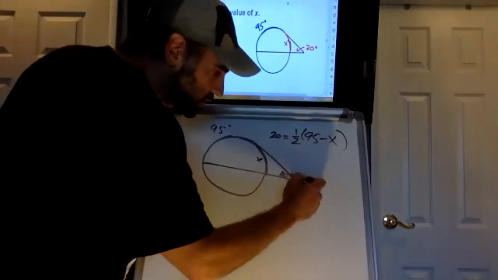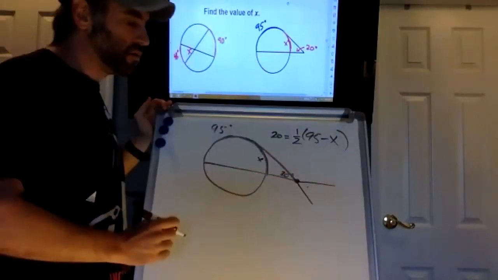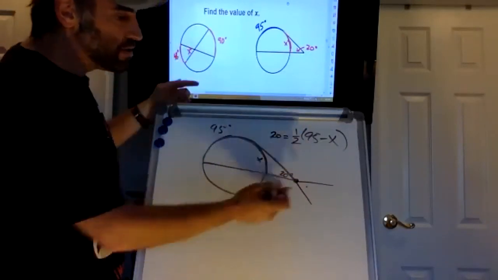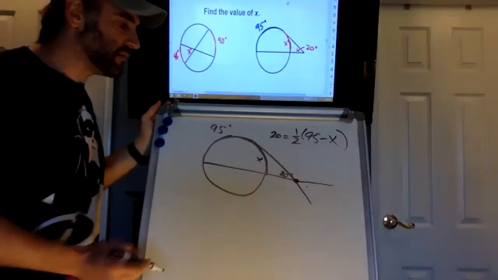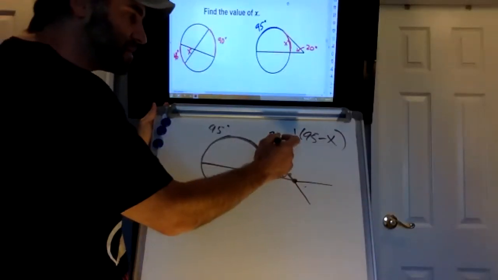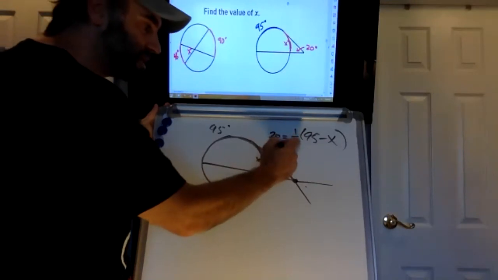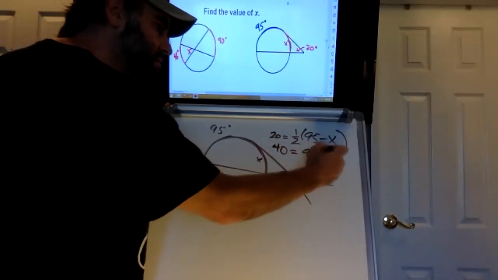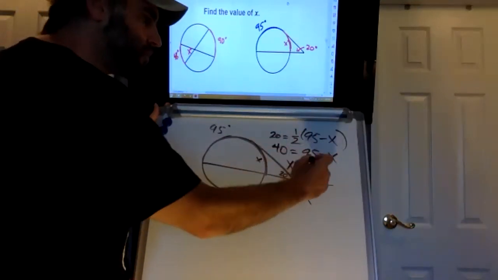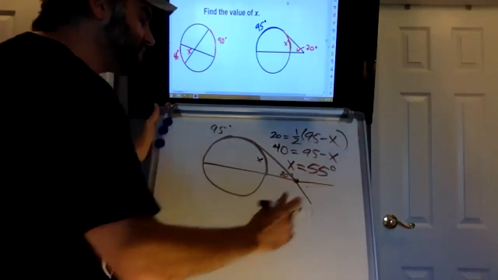By the way, there could be a vertical partner over here if you crisscross those, but we're not, that's what these two are. You don't see it out here because we don't really need it. All right, so now multiply, like David said, by 2 on both sides to get this, and add x, subtract 40, x is 55 degrees.